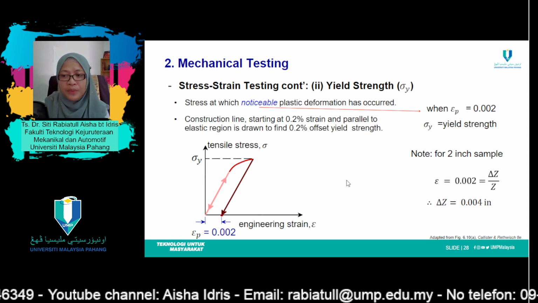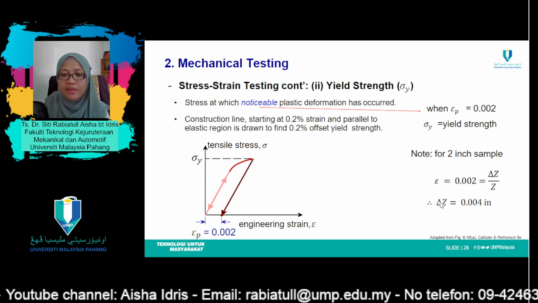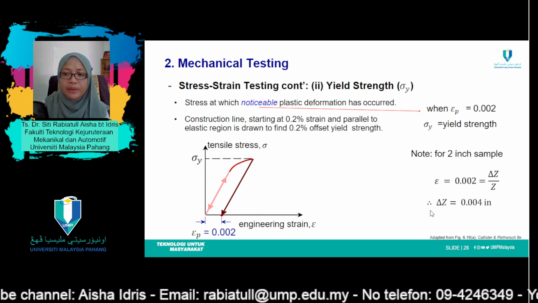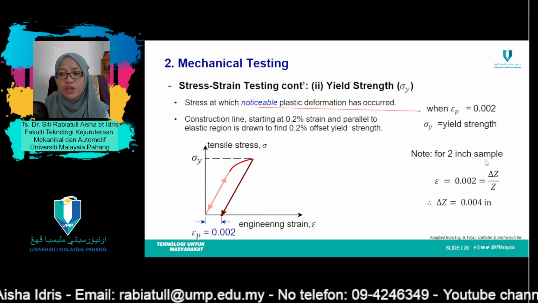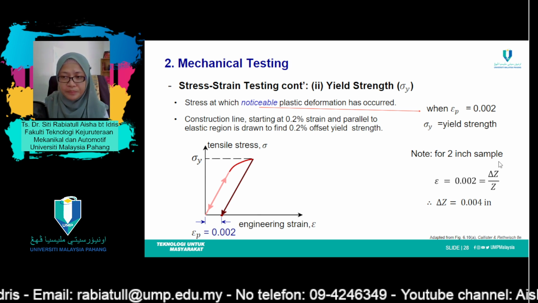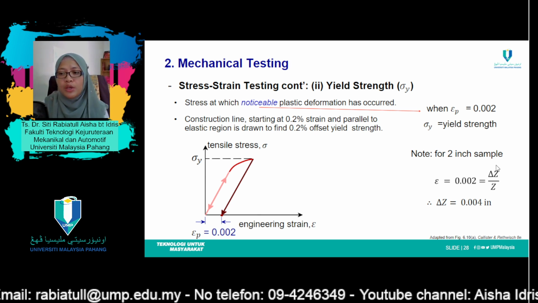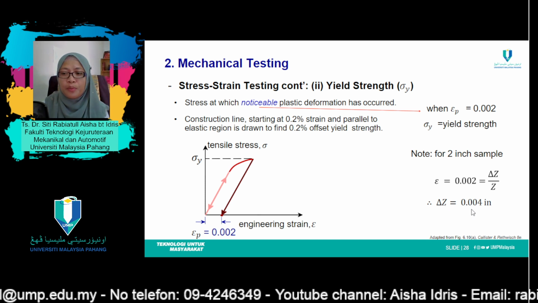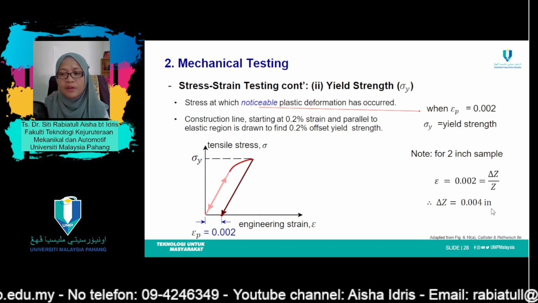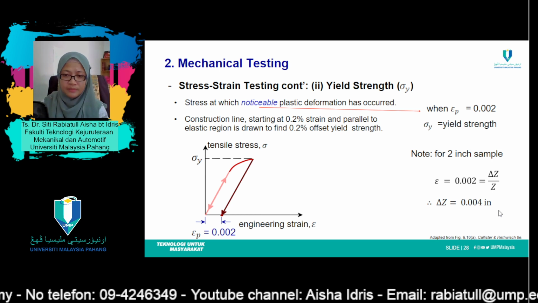This is the offset yield strength. If you calculate the deformation in a specimen 2 inches in length, you'll find there's a change of 0.004 inches.